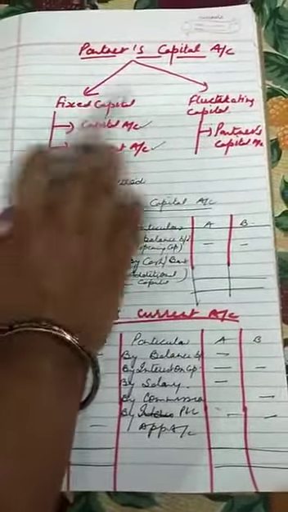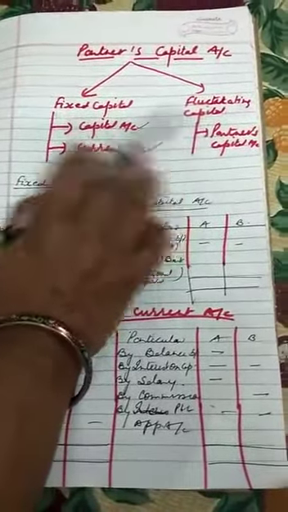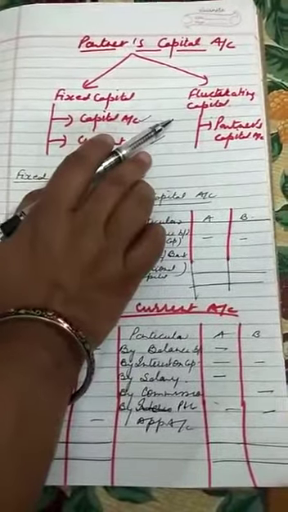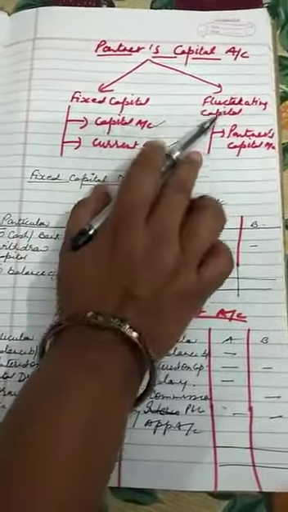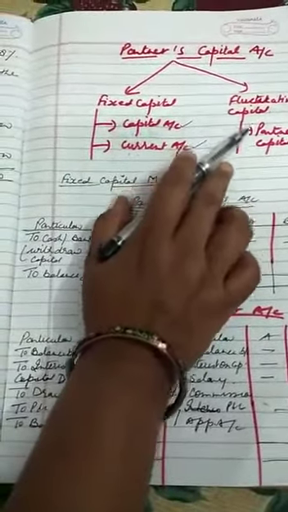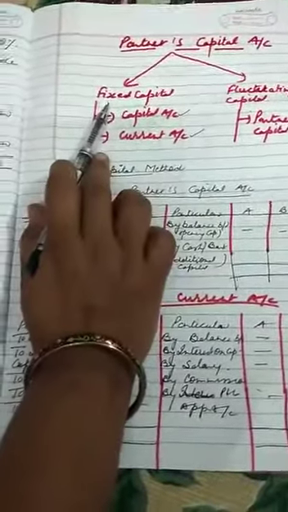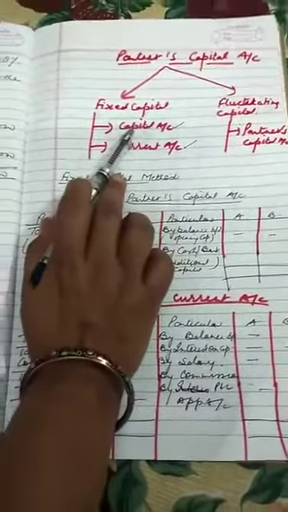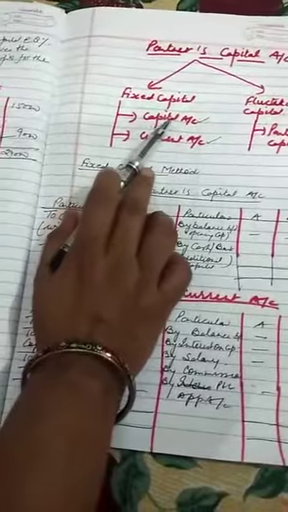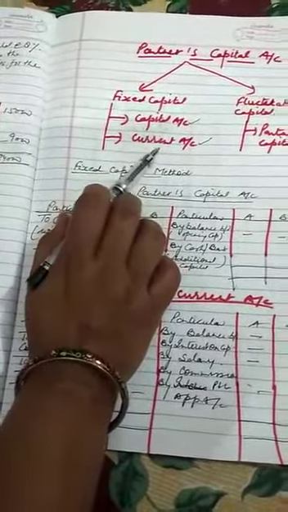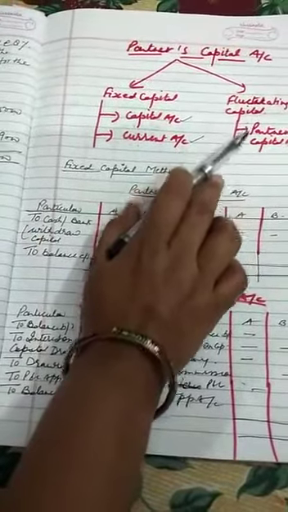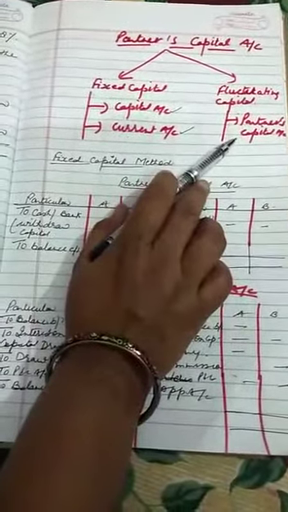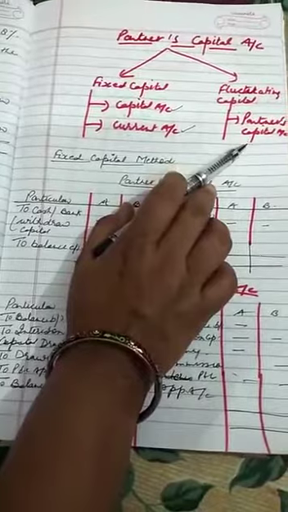Otherwise, when everything is silent regarding the partners' capital method, we use the fluctuating capital method. In the fixed capital method, we prepare two separate ledgers, capital account and current account. In the fluctuating capital method, we prepare only one ledger, the partner's capital account.